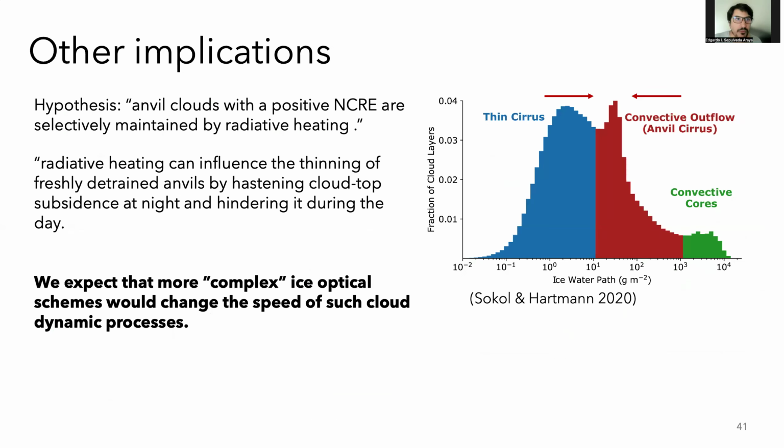For example, from a previous talk here in the ACCP Journal Club, this is from Adam Sokol's presentation. They tried to study the anvil hypothesis, how anvil clouds will evolve or change in time.